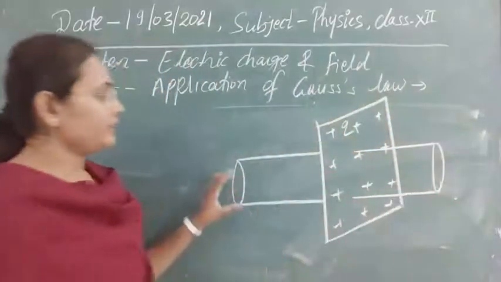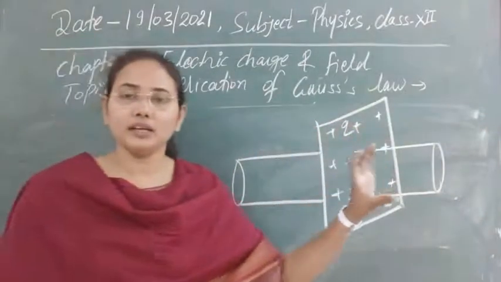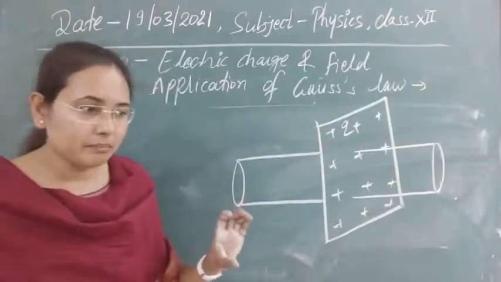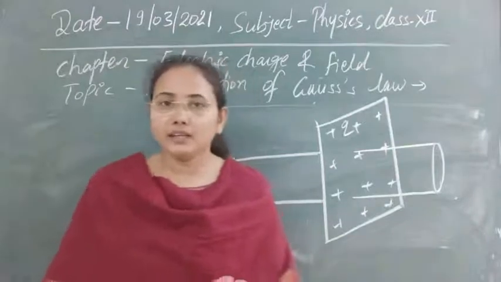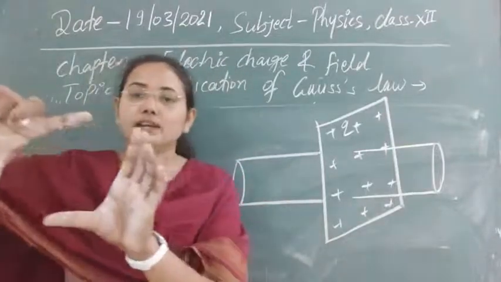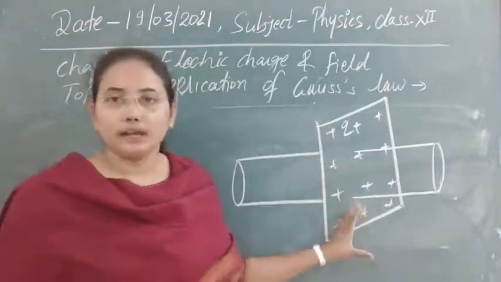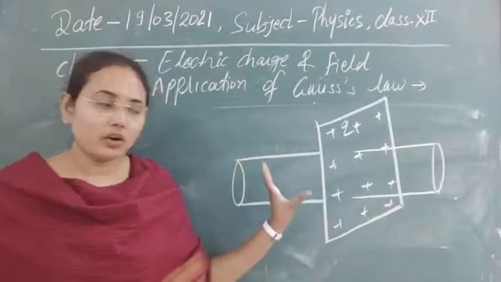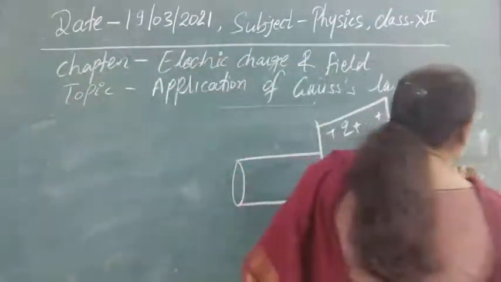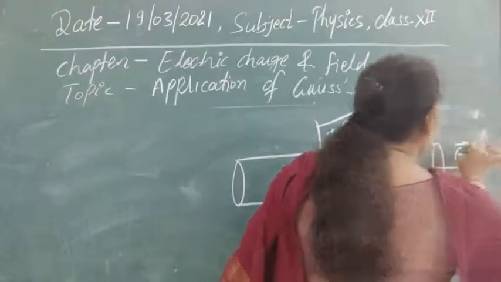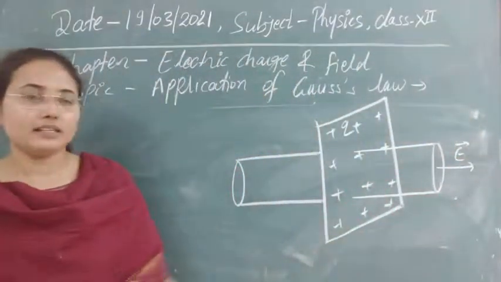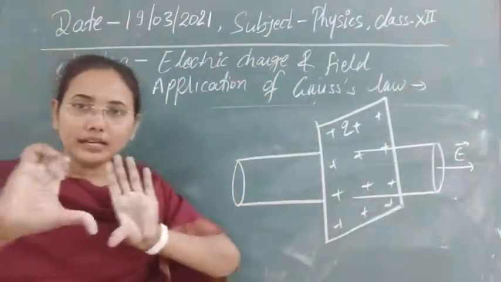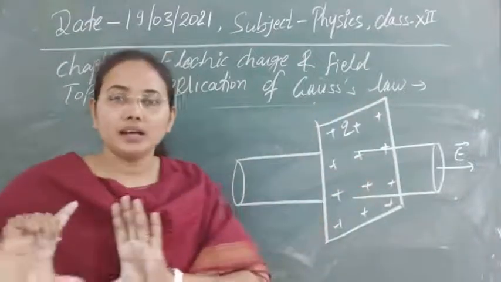Meaning, in this way, the electric field lines are passing in the form of a cylinder through such an infinite sheet. I think that is now understood. The direction of the electric field is in this direction, meaning all the electric field lines are passing through the surface in this way.